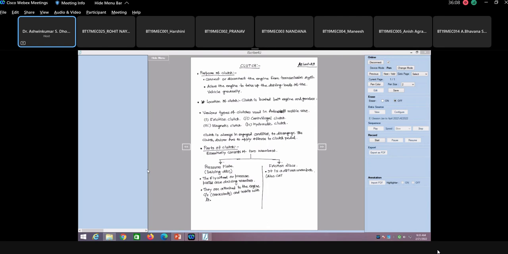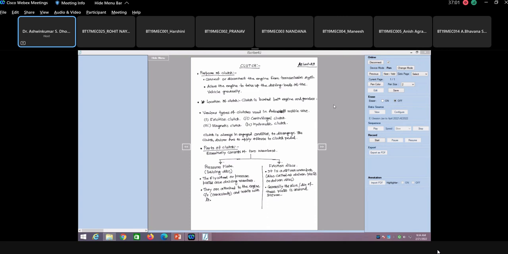So generally the size, the diameter of these plates is around 305 millimeter, if you are talking about the four-wheeler clutch plate.